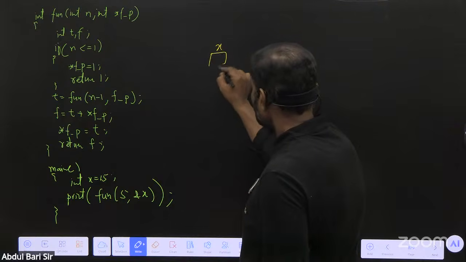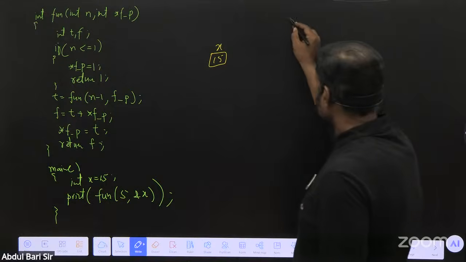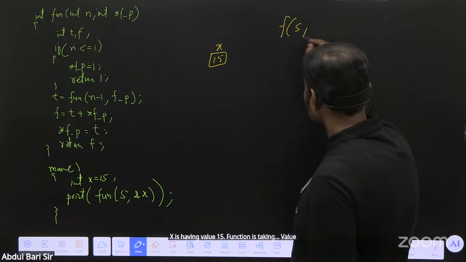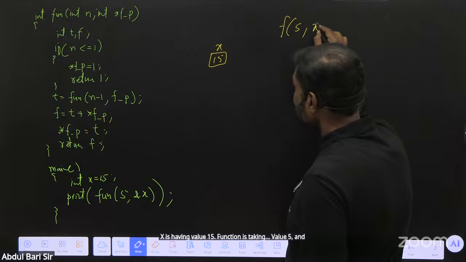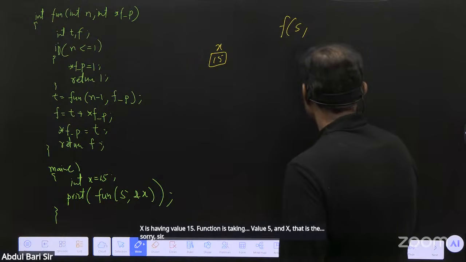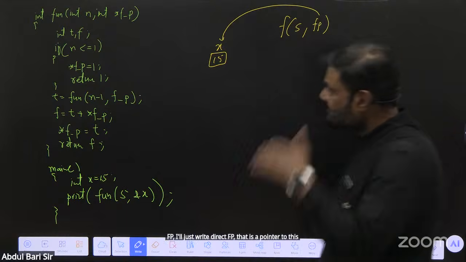x has value 15. The function is taking value 5 and x, that is, fp. I'll just write fp directly, that is a pointer to this one, x.